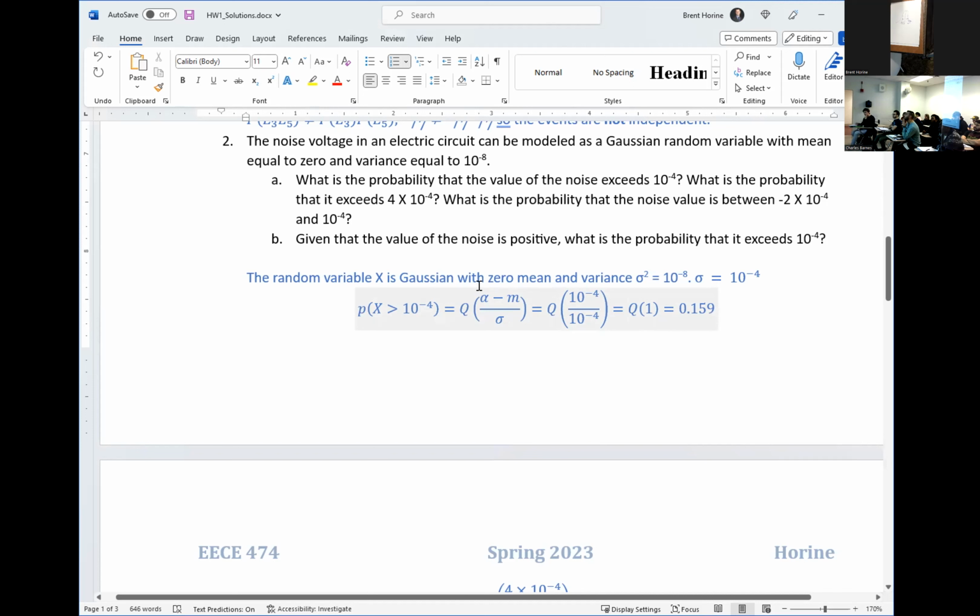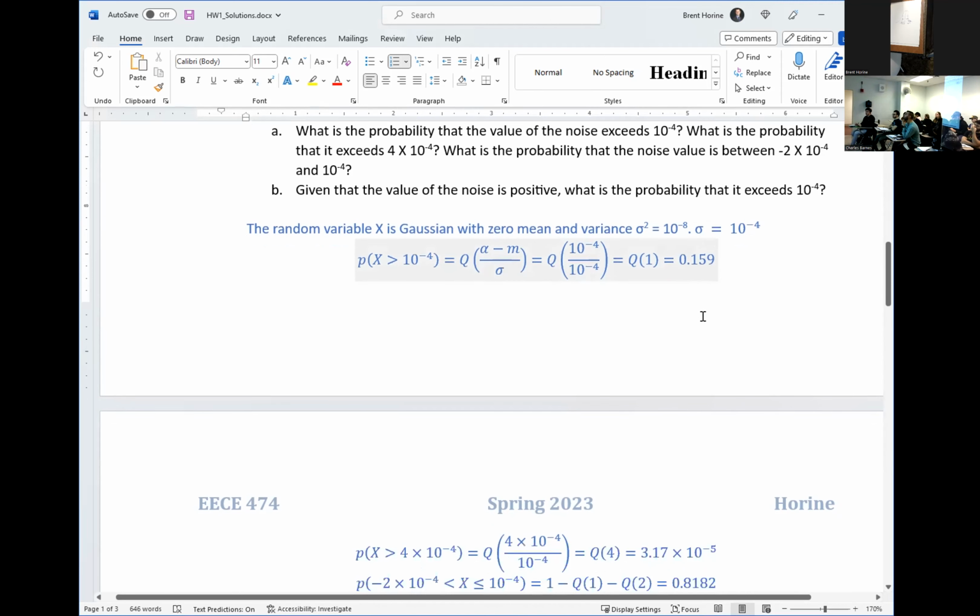Then that's equal to Q of alpha minus the mean, in our case the mean is 0, divided by sigma, right? Not the variance sigma squared, but sigma. And so plug and chug here. Alpha, we're interested in 10 to the minus fourth, and our sigma is 10 to the minus fourth. So that's just Q of 1. You go to the table and you look it up, and it's 0.154. Okay.